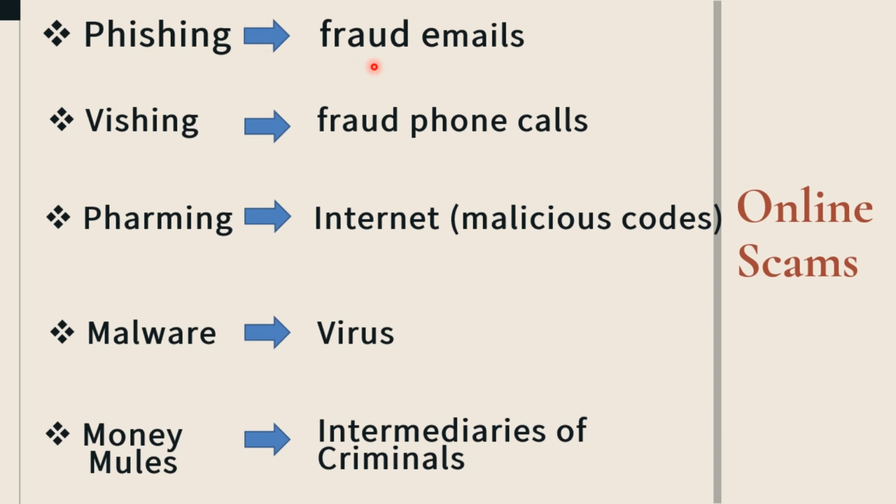In this mail, they ask us for our personal information like our name, our date of birth, and other important information. Sometimes they ask for financial information, meaning the bank account number and other information related to our bank account.